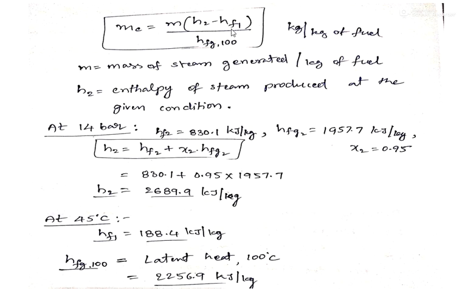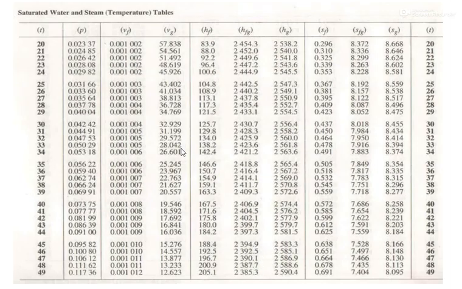188.4 is the Hf1 value, and Hfg at 100 is the latent heat of water at 100 degrees centigrade, which is a constant value, that is 2256.9. This also we can see from the tables. At 100 degrees centigrade, what is this Hfg value?